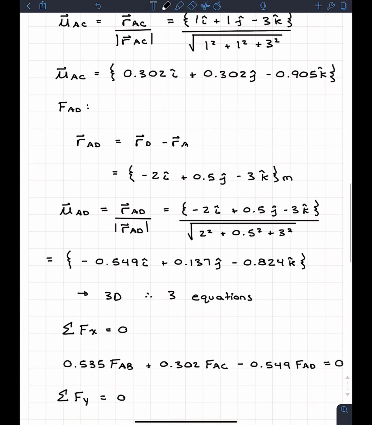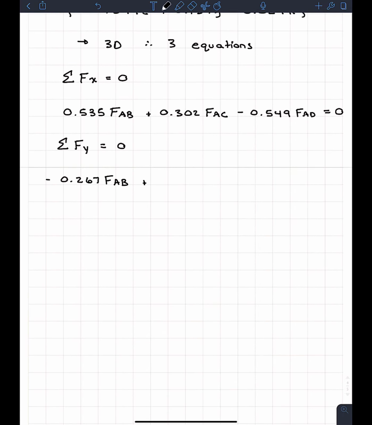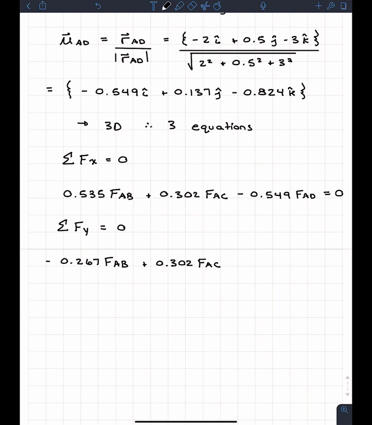We look at UAC, it's plus 0.302, and this is going to be FAC. My final one is going to be plus 0.137, and it's going to be FAD. Again, this is equilibrium, so it must all equal 0.